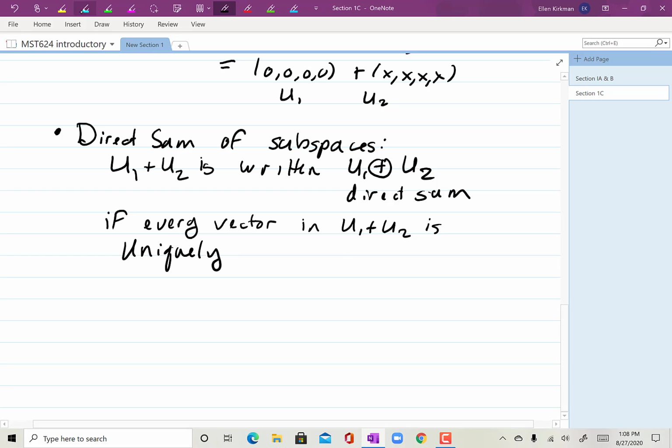And so the point here is this unique. This is the important part as a sum.